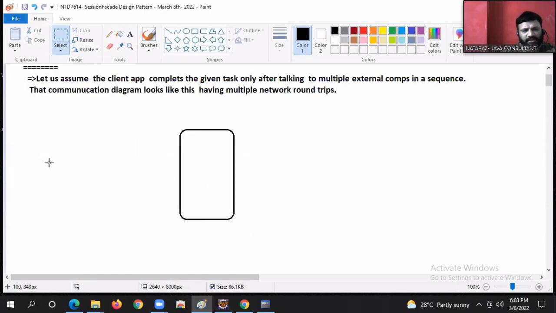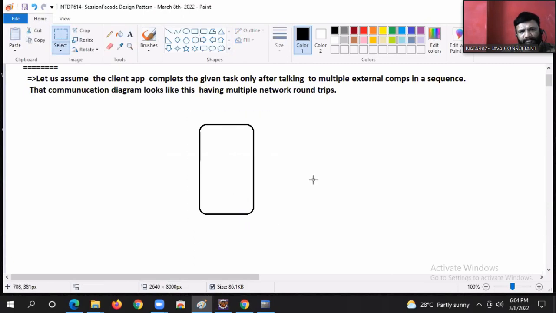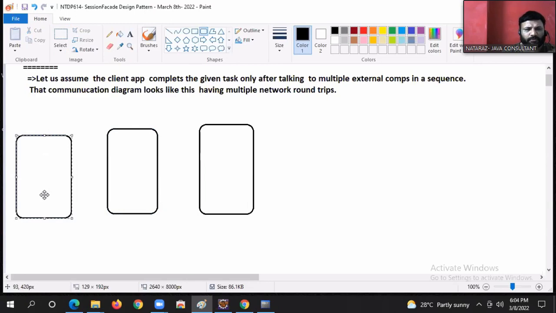Here is my controller component, guys. Here is my view component.